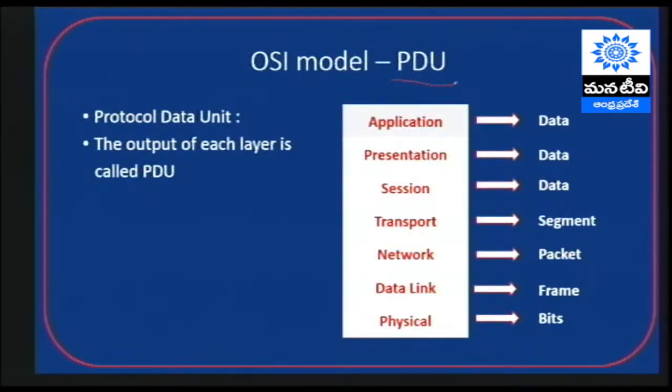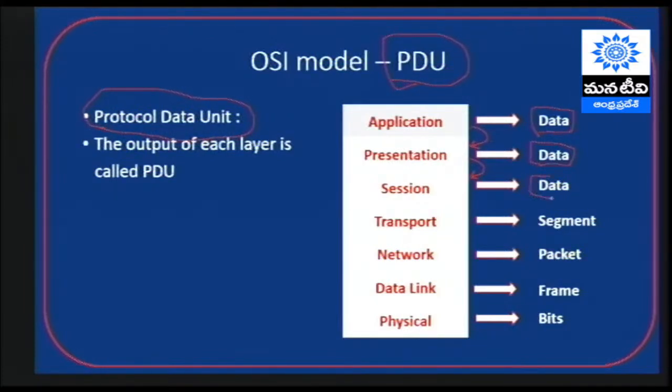We can see here on the screen the PDU, protocol data unit. Every layer sends some information out to the next layer, and that output is called the protocol data unit. The application layer output is data, and this data goes as input to the next layer. When you send the data out from the presentation layer, the output is data, meaning we are not adding new information, and it is sent to the session layer, and the output is again data.